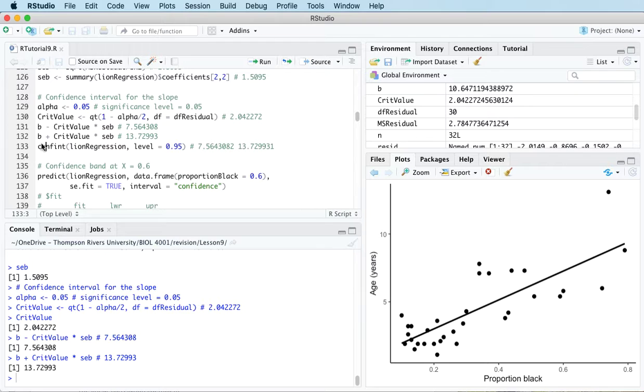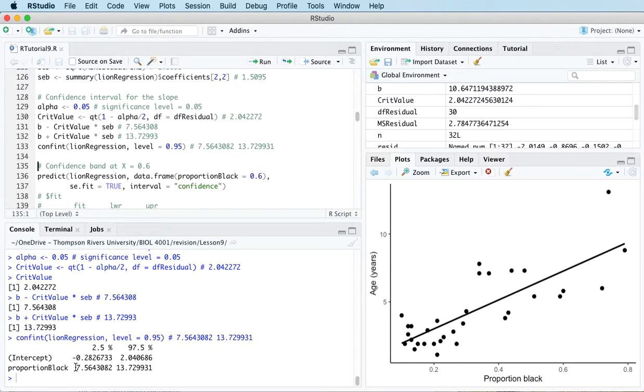So this confint function, if we run that, then we get our interval right there. So that's the interval that we just calculated by hand, and it's provided to us directly. So we can say we're 95% confident that the population slope is between 7.56 and 13.73.